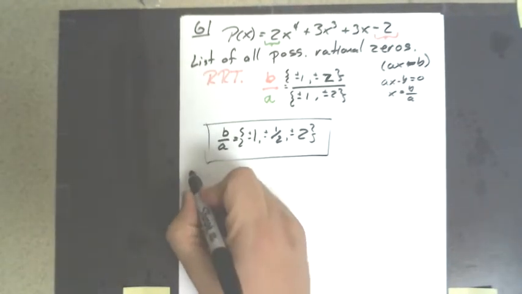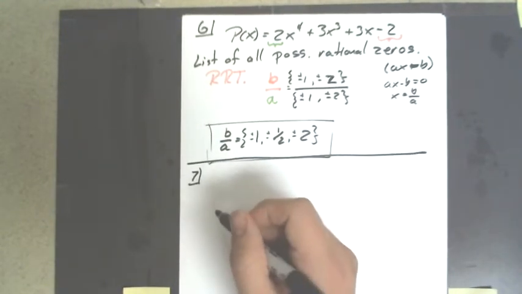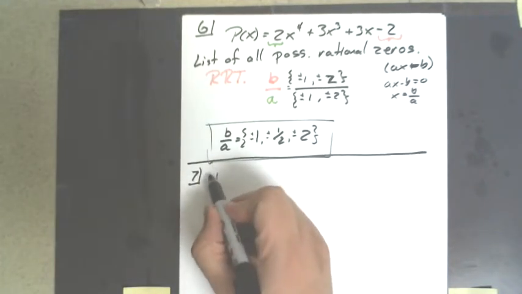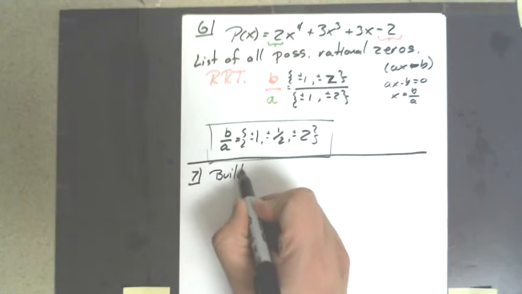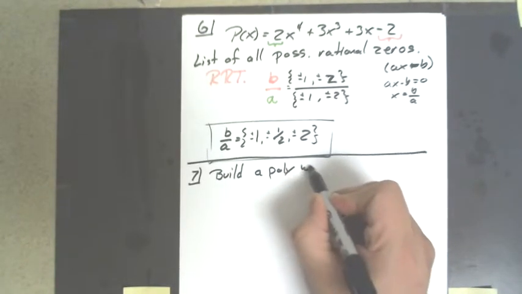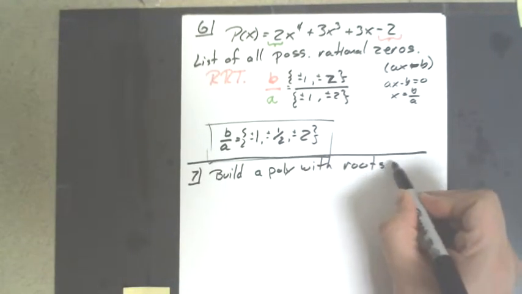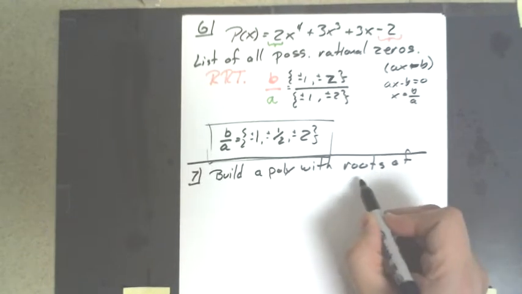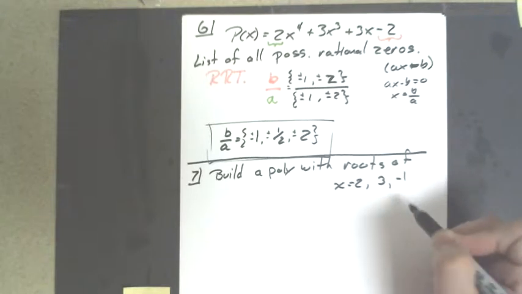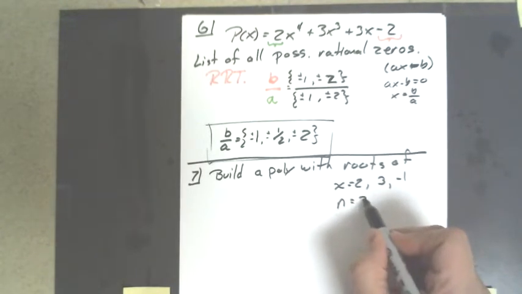Now, number 7. Oh, people love number 7. So, wait, where is it? There it is. We want to build a polynomial with roots of x equals 2, 3, negative 1, where the degree, n for the degree, is 3.